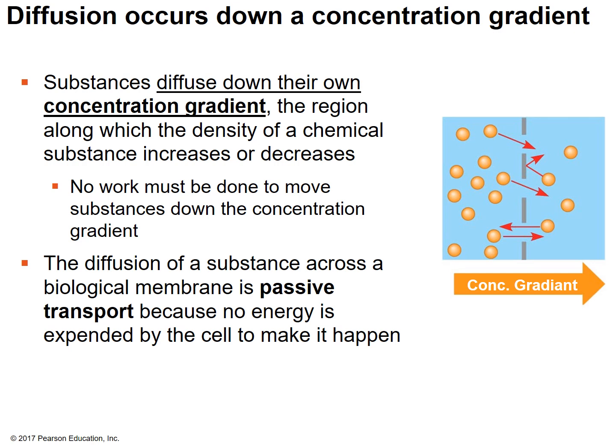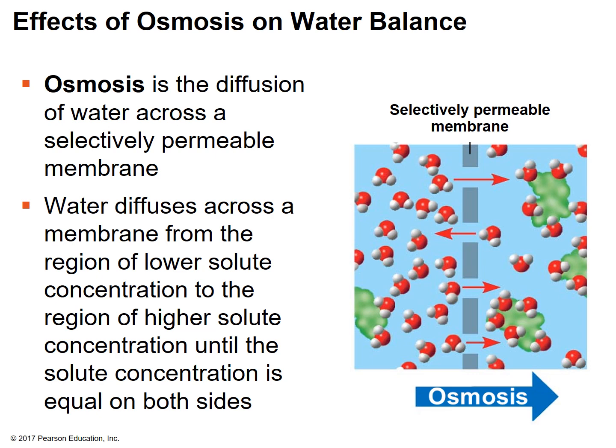Because this occurs naturally, the cell doesn't have to expend any energy to be able to achieve this. And so we call this passive transport because the cell can simply allow it to happen passively, no energy needed. A great example of this is osmosis. Osmosis is simply the term we give for the diffusion of water across a selectively permeable membrane. As you know, water is very special, so sometimes it gets its own name for the same thing.